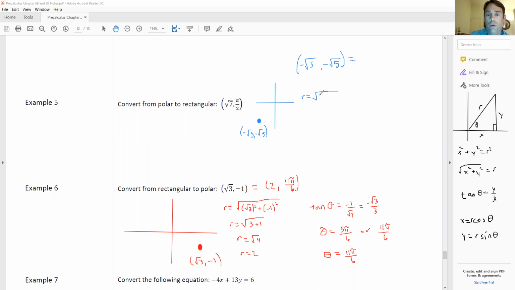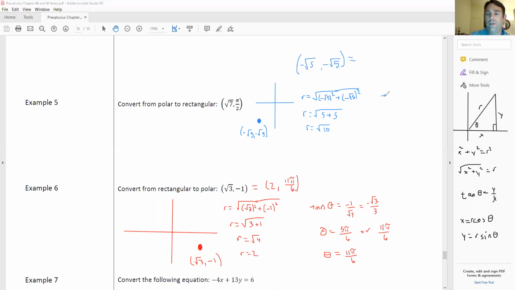So negative root 5 squared plus, oopsie, wrong thing. There we go. Negative root 5 squared. So r then is going to be 5 plus 5. So r is the square root of 10.